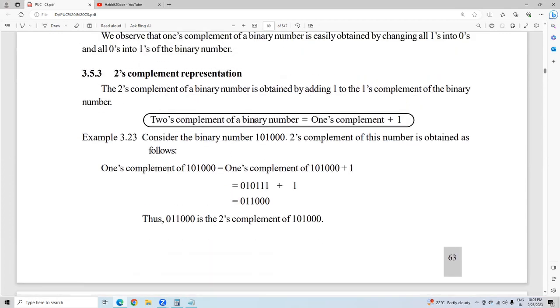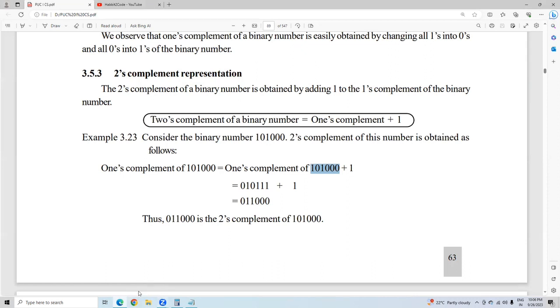Whereas in the twos complement representation, you have to find the ones complement of a given binary number and add 1 to it. That will become the twos complement representation. Now here, the twos complement of 101000 equals the ones complement of 101000 plus 1.